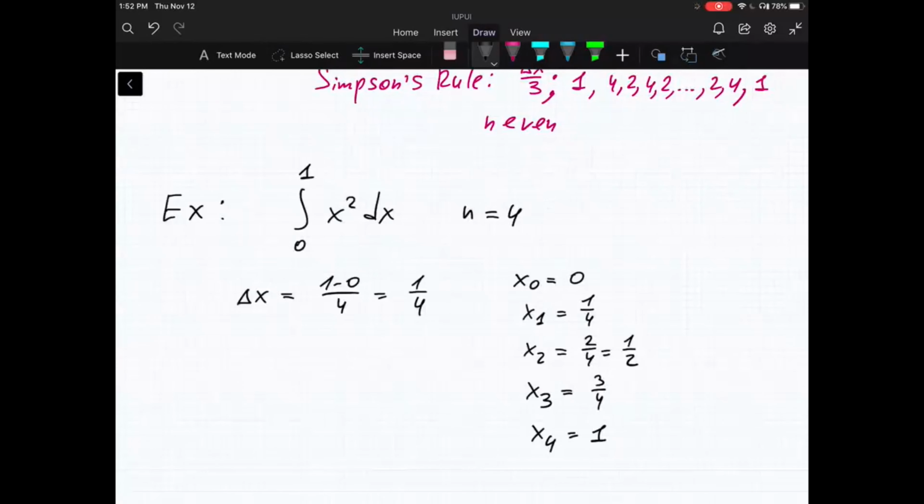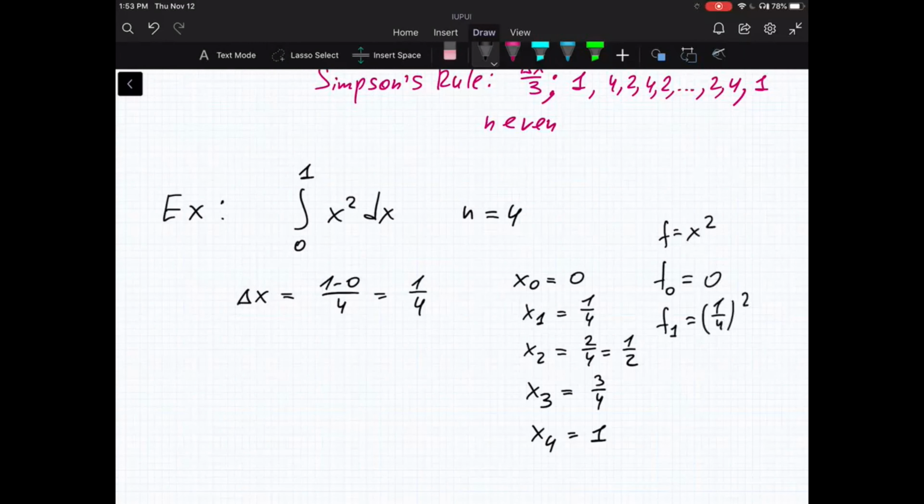And thus f0, which is f of x0, will be, since our function is x squared, 0. f1 will be 1 over 4 squared. f2 will be 1 over 2 squared. f3 will be 3 over 4 squared. And the last one will be just 1.